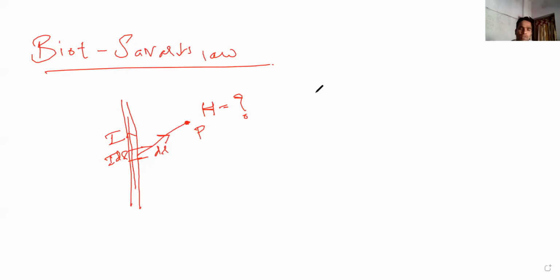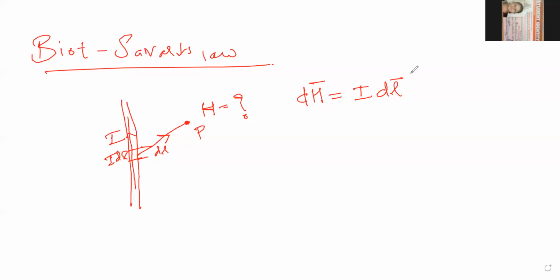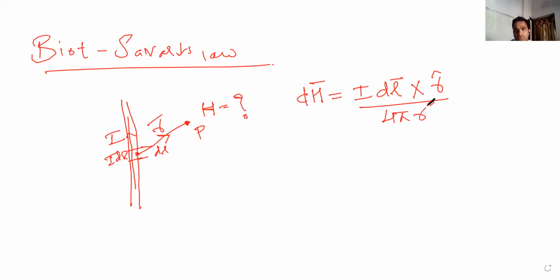Because of this current element, what Biot-Savart's law gave us, this dH bar is given by the current element, the length of the current element dl, vector cross, if this is our R bar from the current element to the desired point, the unit vector along that direction, upon 4 pi r square. This is what Biot-Savart's law gave.